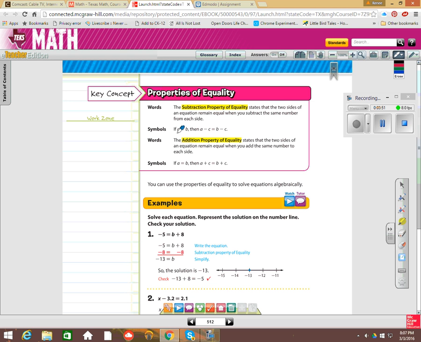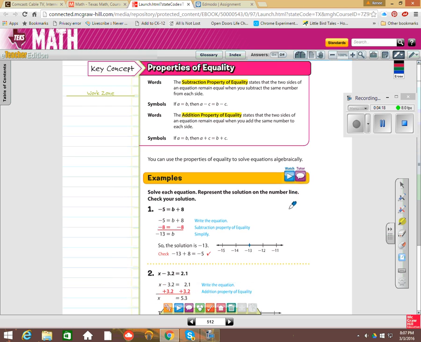Okay, so you can see if A equals B, then A minus C, or whatever number, is equal to B minus C. So it means you can subtract something from both sides of the equation and it stays balanced. The words for the addition property are the same as the subtraction, except this is addition. If you have A equals B, then A plus anything equals B plus that same thing. It still stays equal. So let's look here at the sample.